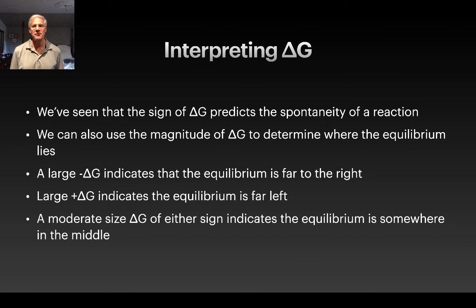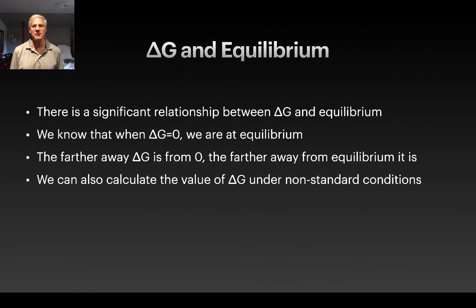Now you'll notice that we used very similar language when we were talking about K. So there must be a link between delta G and K. We're not going to get to that just yet, but we are going to do that next week in the upcoming lecture.